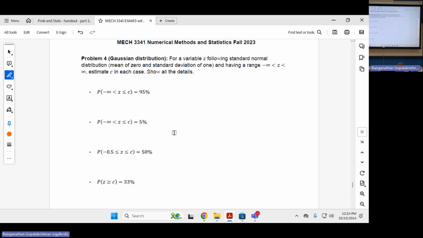Estimate c in each case. What is the value of c which contains up to 95% probability? You have your sheets with you, right? You could answer that even now. So it's like asking what value of c is going to contain 95% of all the area. How will you answer this?